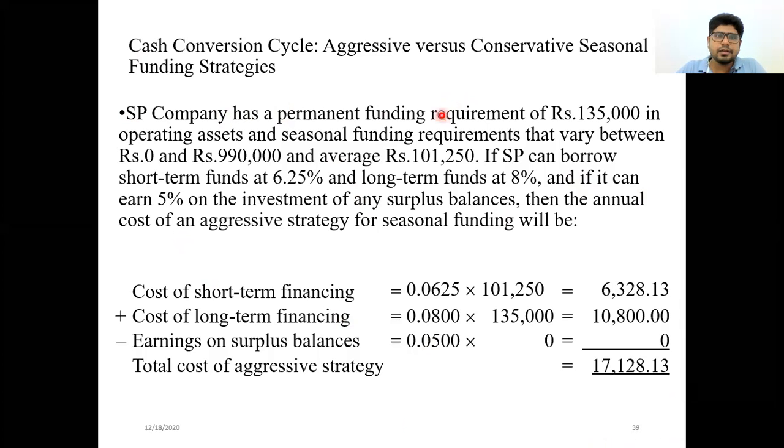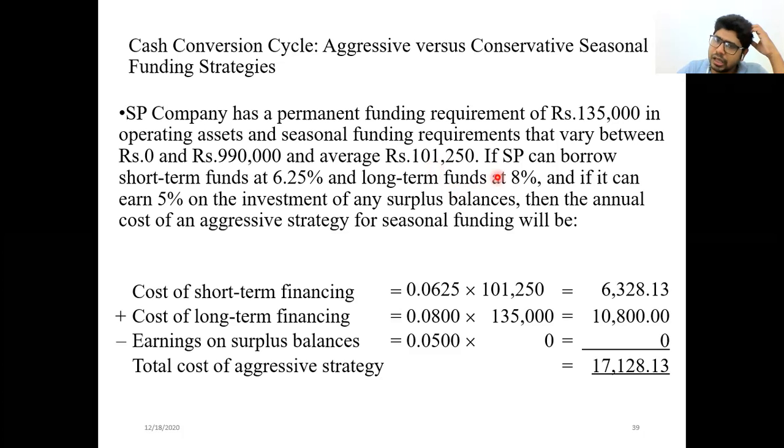Okay, the cash conversion cycle, aggressive versus conservative seasonal funding strategies. Here, SP, the name of the company, has permanent funding requirements of 135 in operating assets, and the seasonal funding requirement varies from 0 to 990, and the average is 101,250.